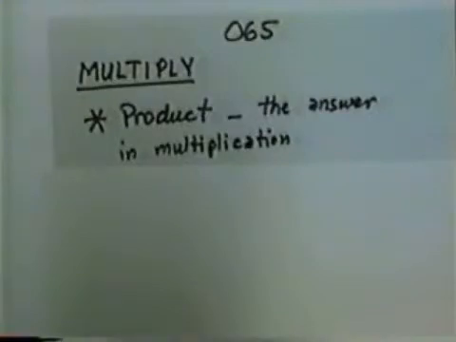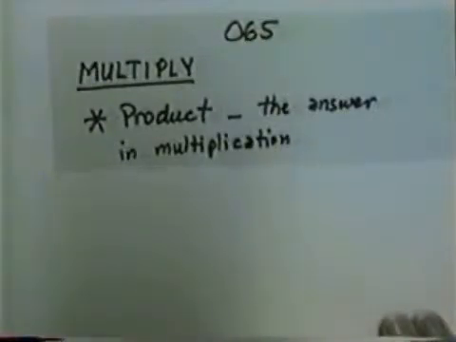Since multiplication is done before addition and subtraction in the order of operations, we don't have to write parentheses around this expression. Doing so will not hurt, but it isn't necessary. Product is the answer in multiplication.